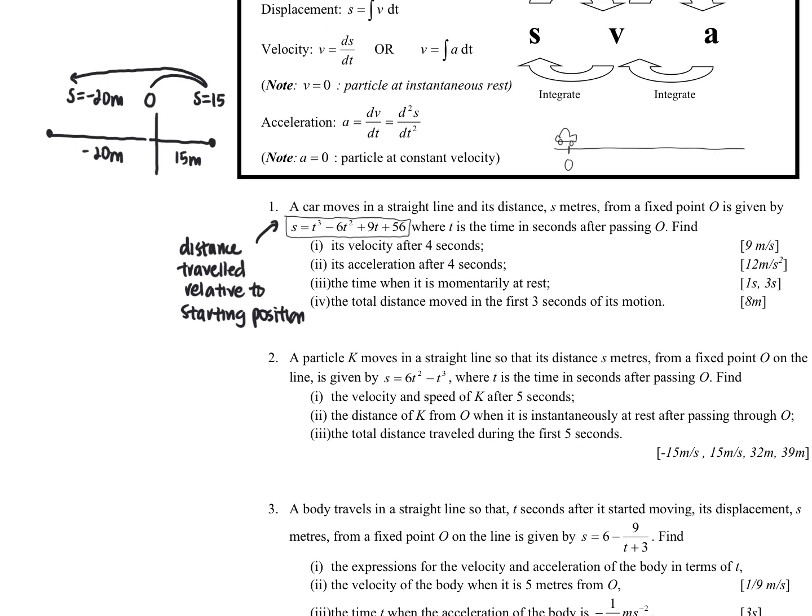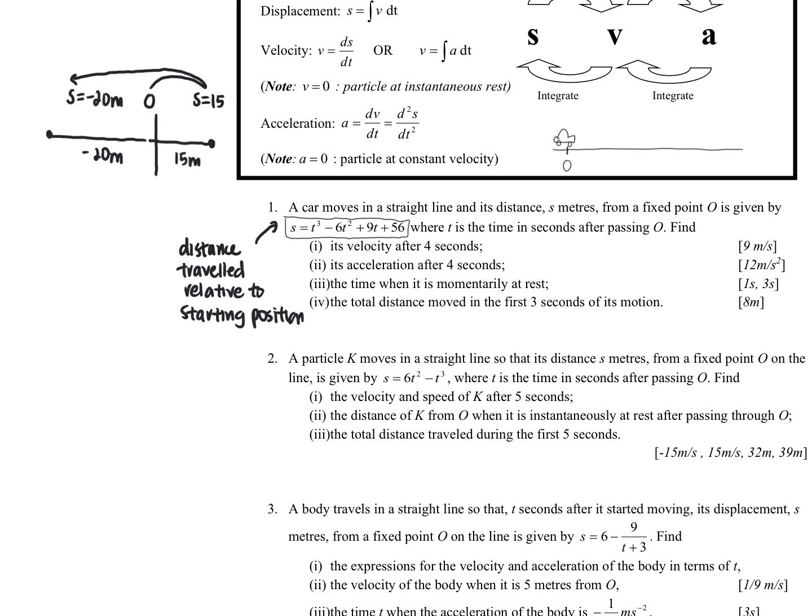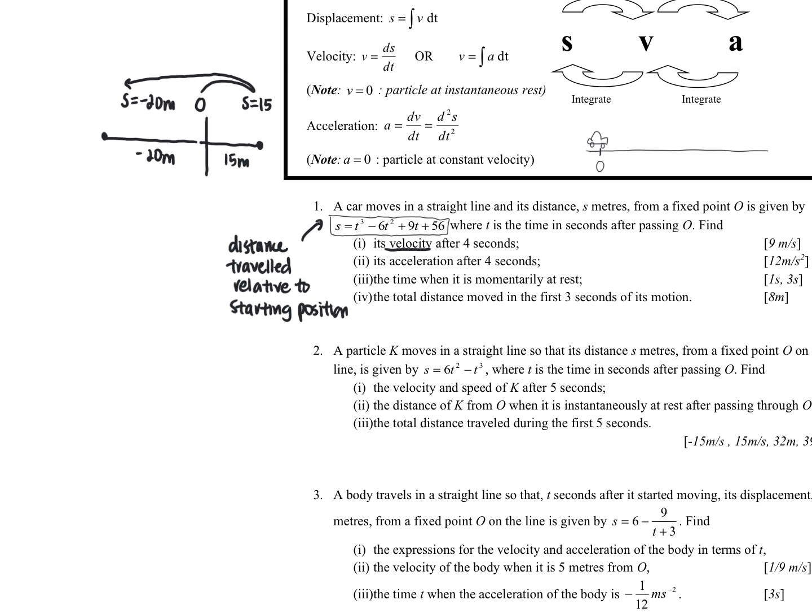Okay? So now if you look at the question, they say, can you tell me what's the velocity after 4 seconds? How to find velocity from displacement? Yes, ds/dt. So you go and differentiate your expression over there: 3t squared, minus 12t, plus 9.